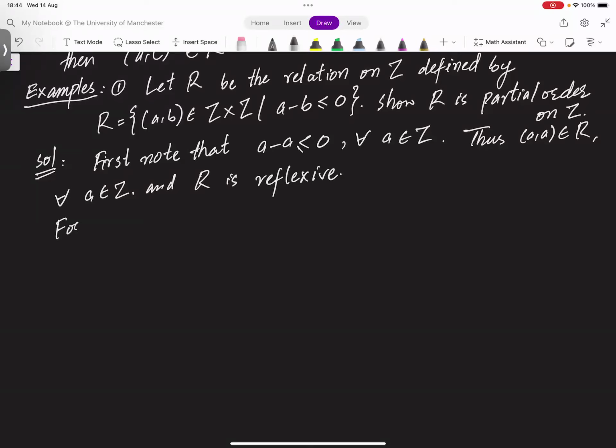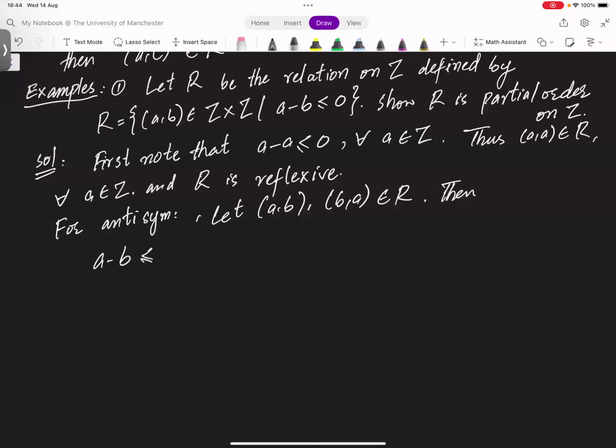For anti-symmetry, let (a, b) and (b, a) be in R. Then a minus b is less than or equal to 0, i.e. a is less than or equal to b.